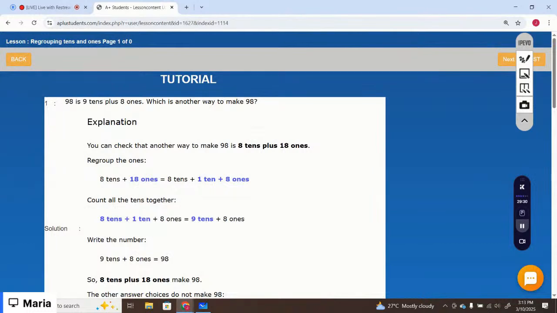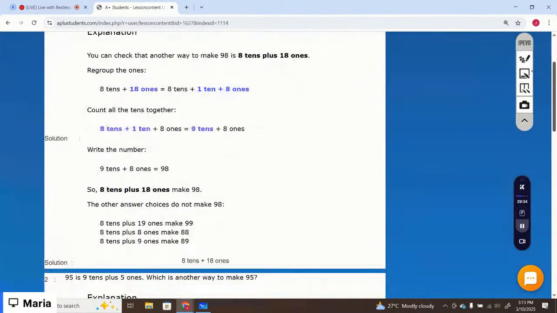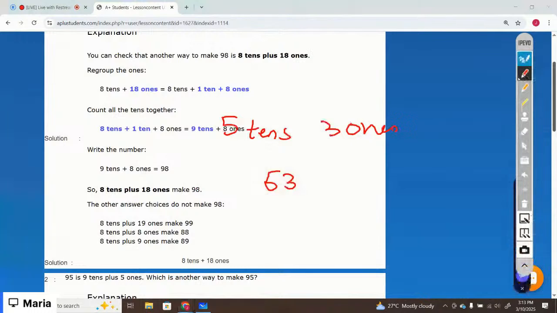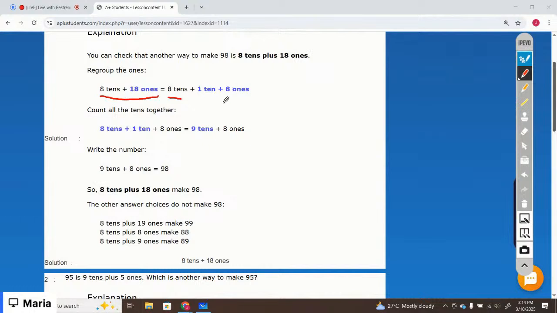So the correct option is 8 tens and 18 ones, right? How? 8 tens you already have, and we can write 18 ones as 1 ten and 8 ones. So when you count the tens, 8 and 1, that is 9 tens and 8 ones. So 9 tens and 8 ones makes 98.